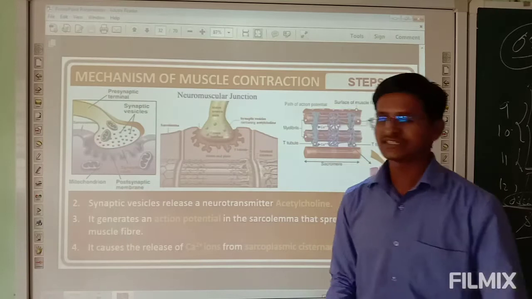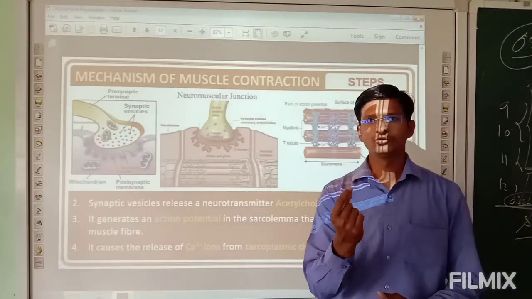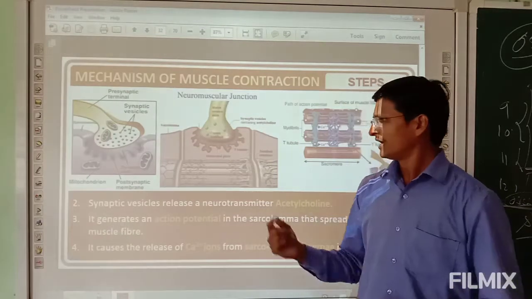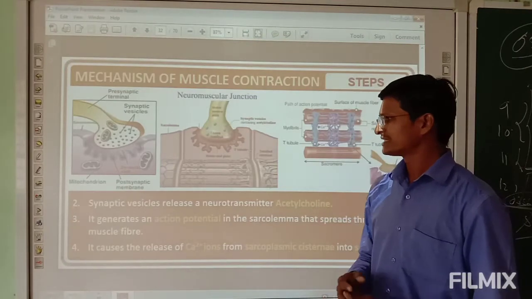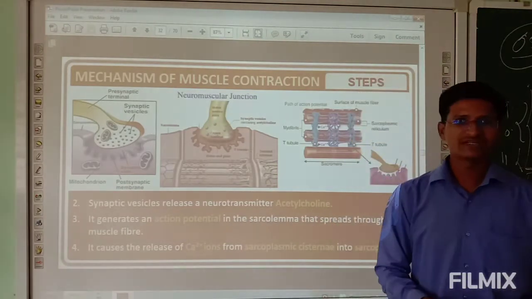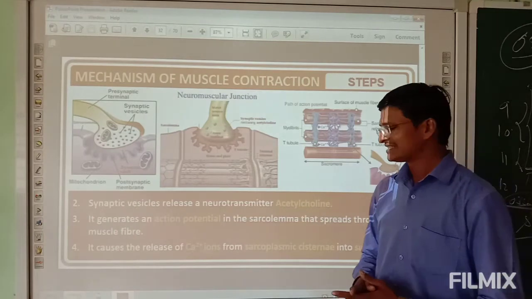The second step: after the neuromuscular junction, the synaptic vesicles release a neurotransmitter, that is acetylcholine.